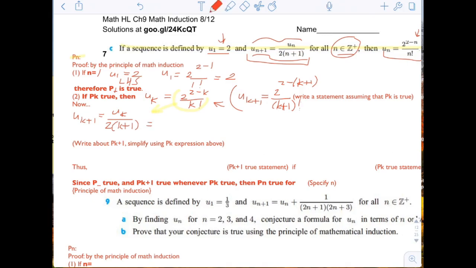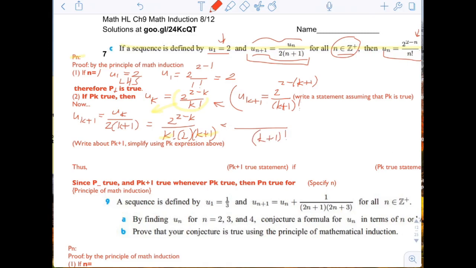So first thing, looks like we can already substitute that in because on top we have u subscript k. So let's substitute in the yellow part. And then we'll put 2 and k plus 1. And you can see that the bottom part already becomes k plus 1 factorial because you got k plus 1 times k factorial, which is k plus 1 factorial, right?